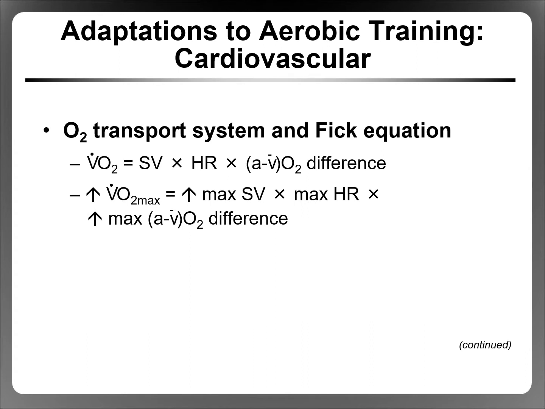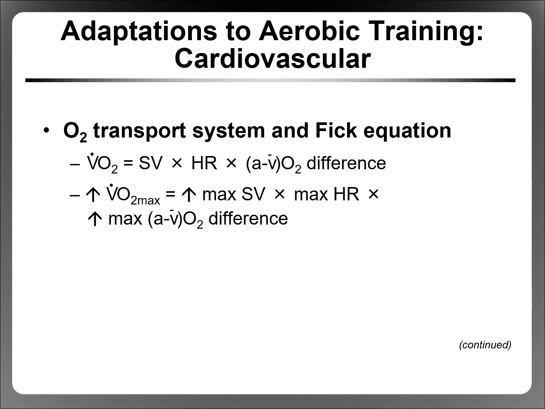So, what this actually looks like. We've talked about the Fick equation before. This is using stroke volume, heart rate, and the a-vO2 difference to calculate somebody's VO2. But we've also discussed that finding a true a-vO2 difference can be incredibly invasive, as well as a true stroke volume.